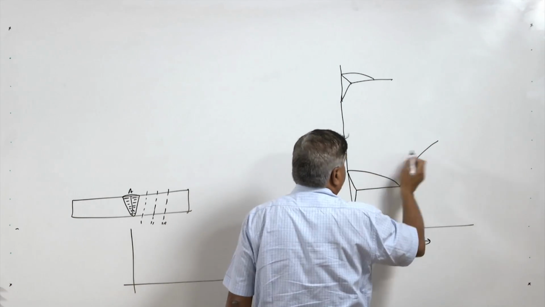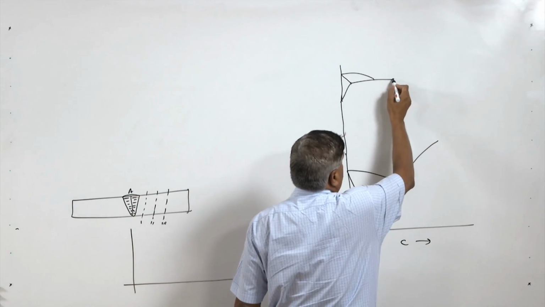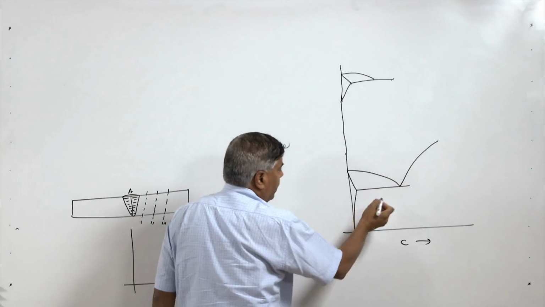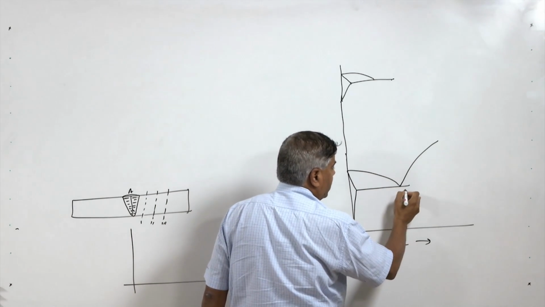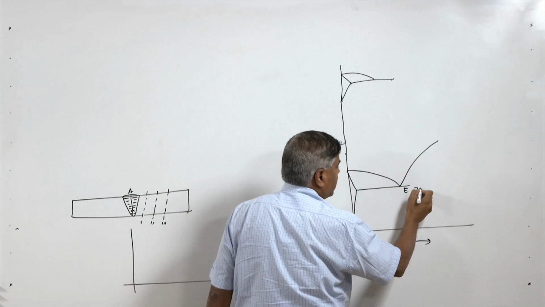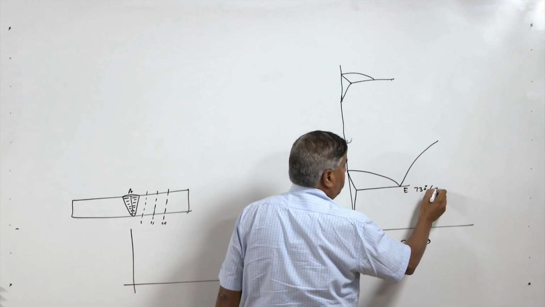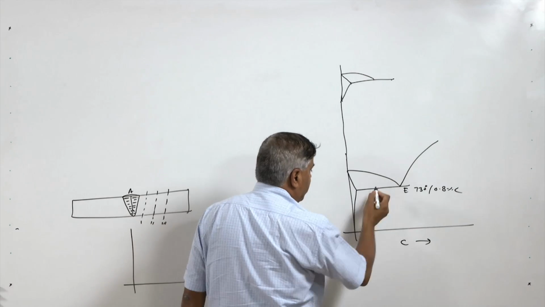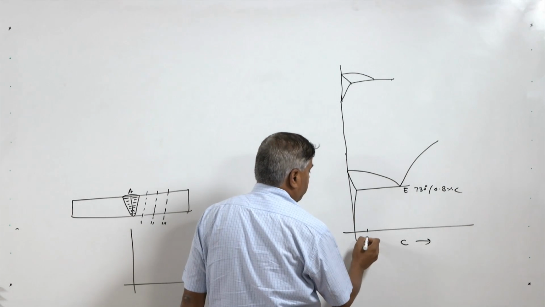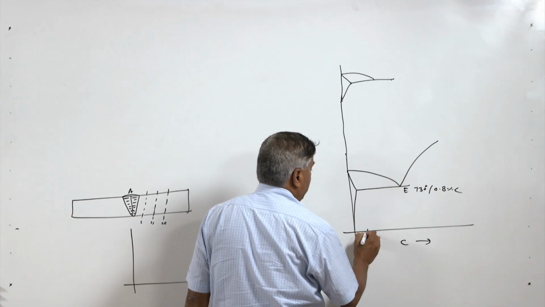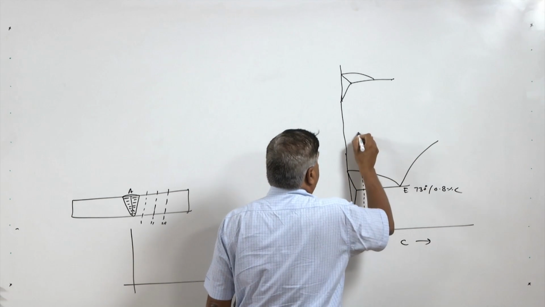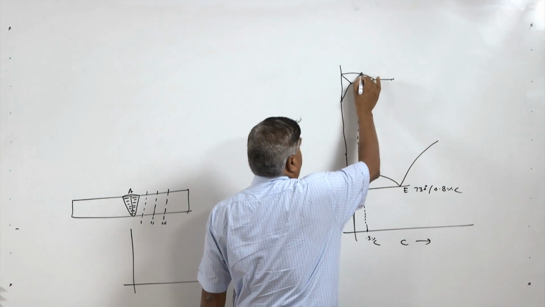So, here this is the eutectoid point which occurs at 730 degree centigrade and 0.8% carbon content, and if we take any steel corresponding to say 0.3% carbon steel, we will be drawing simply a vertical line like this, which will indicate the different phases which will be formed at the different temperatures.